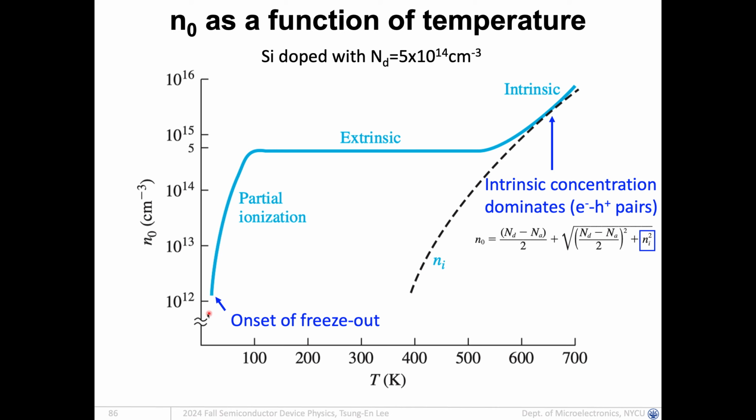So the carrier concentration will be more like an intrinsic situation, which is very low. But once there is some temperature to activate the loose electrons to become donors, it becomes partially ionized.